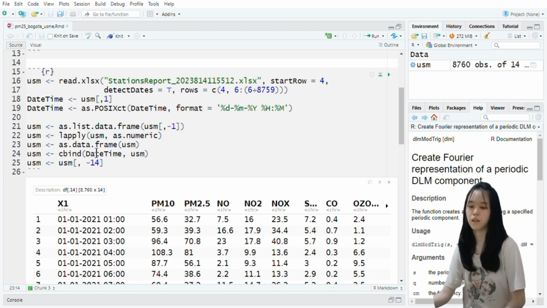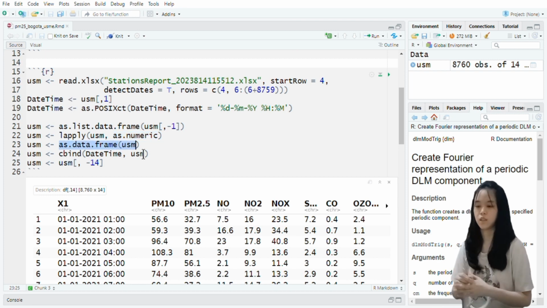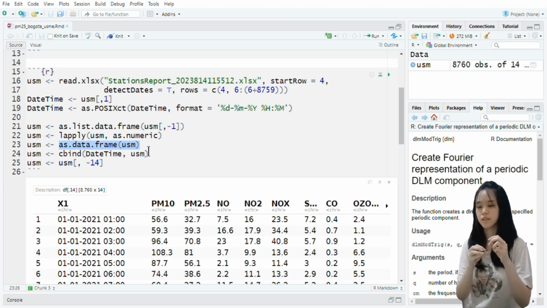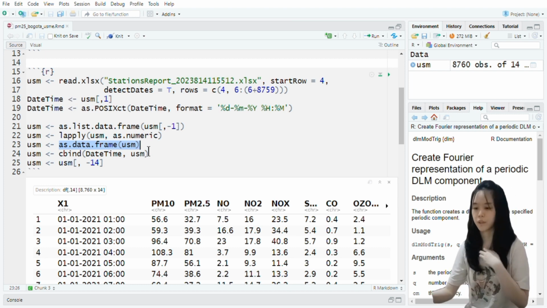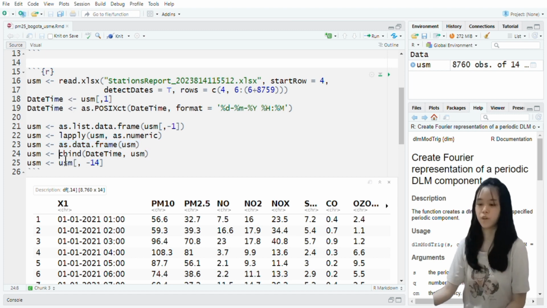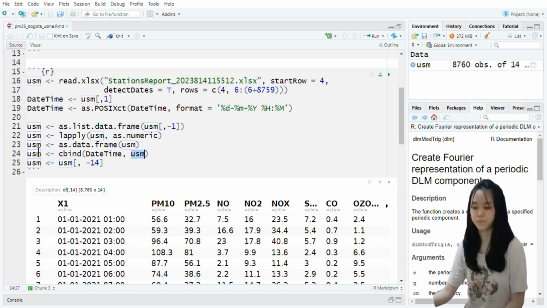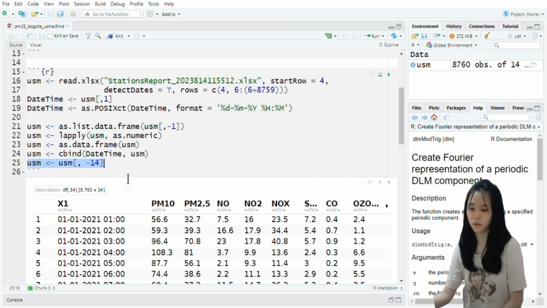After that, I convert it from a list back to a data frame, and then combine it with the datetime column using the cbind function. And then lastly, this line is for removing the precipitation column.